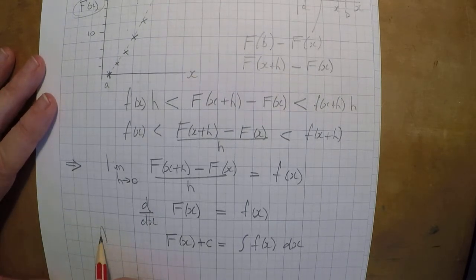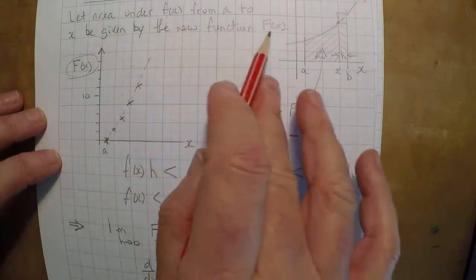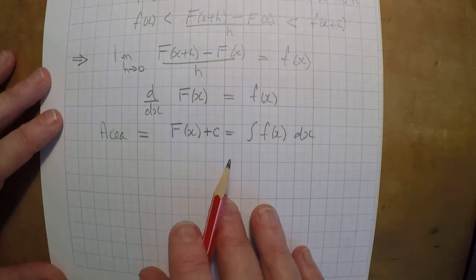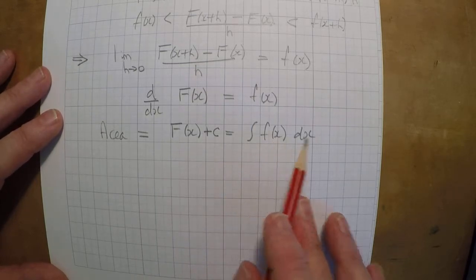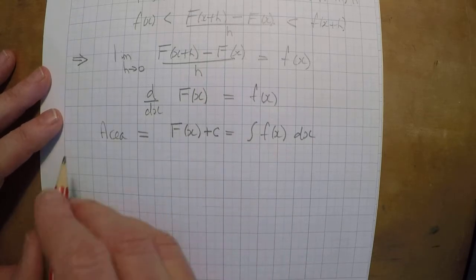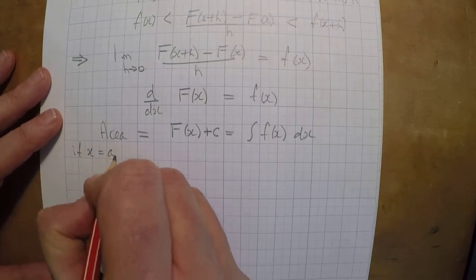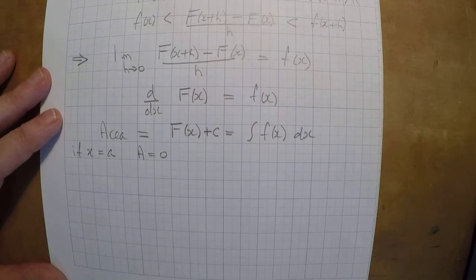Remember, this is the area under the function. That's exactly what this was defined to be. Area under the function is given by this formula, capital F. Well, if we did substitute a for this, and we wanted this to come out to be 0, could we see, I hope, so let's write this down, if x equals a, we know that the area must come to 0.